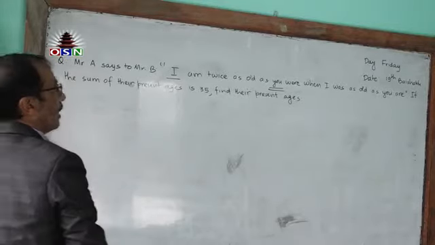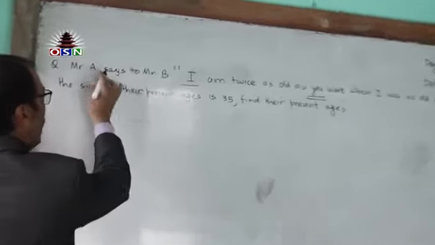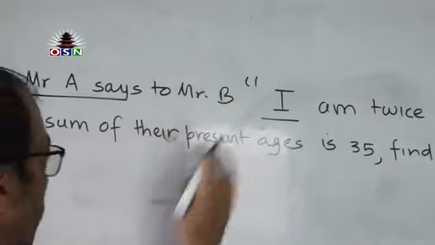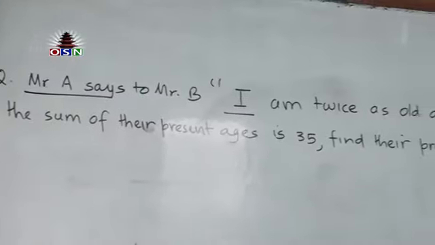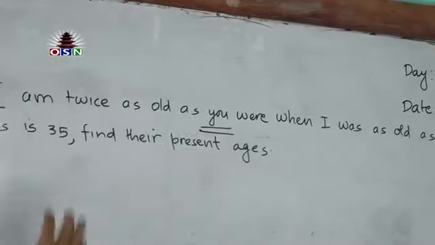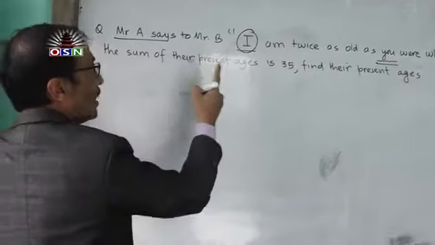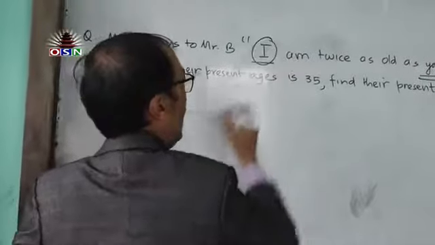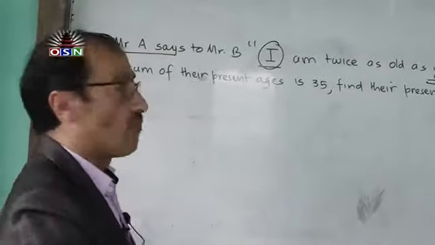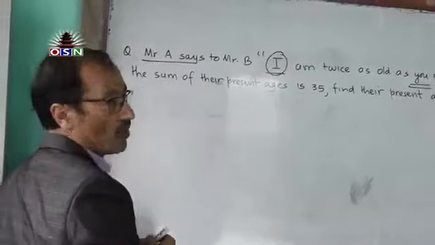Here, let's read the question. Mr. A says to Mr. B, "I am twice as old as you were." Up to here only, read first. Here I represent Mr. A, because I is a first person pronoun, and the first person pronoun always represents the subject.